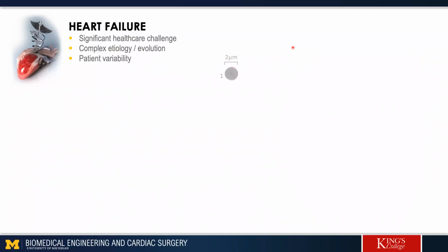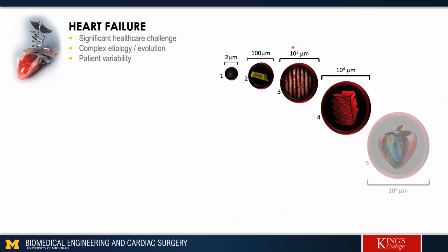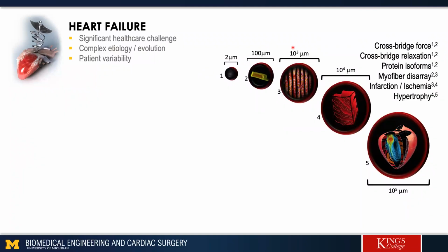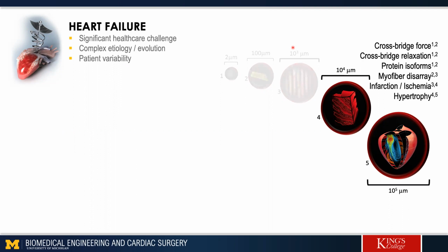And the disease really spans all scales that you see in the heart, from the micro scale up to the whole organ. So you can see the progression of disease at various levels. And my team, we've been focused principally on looking at the tissue level and the whole organ level.